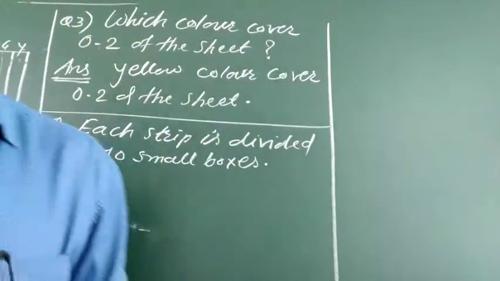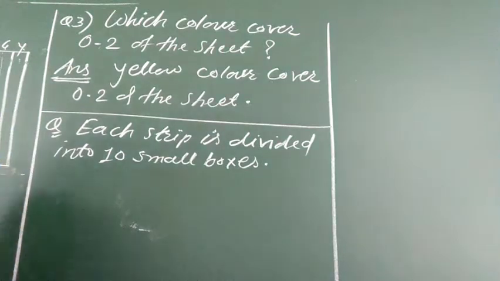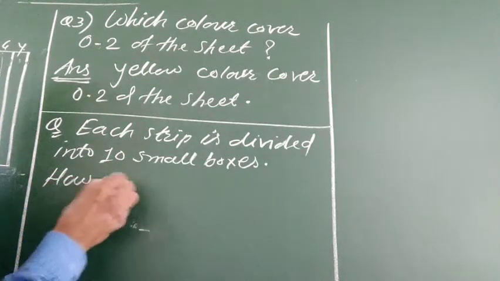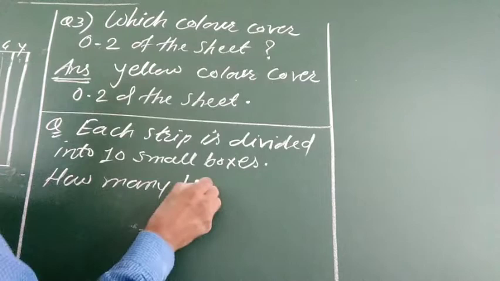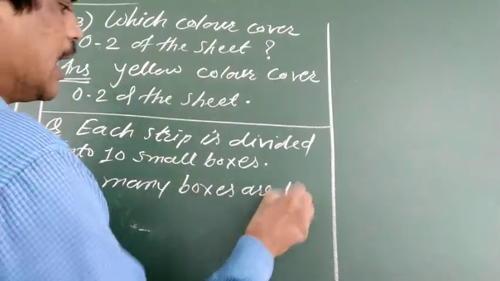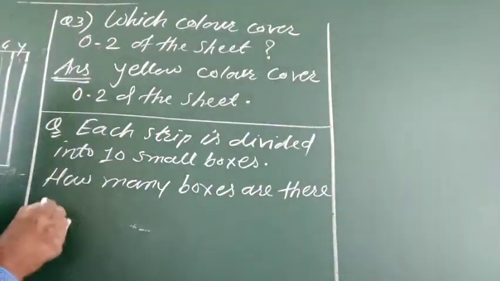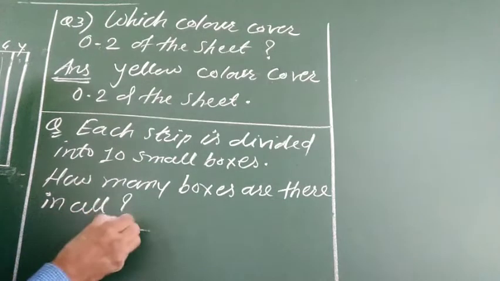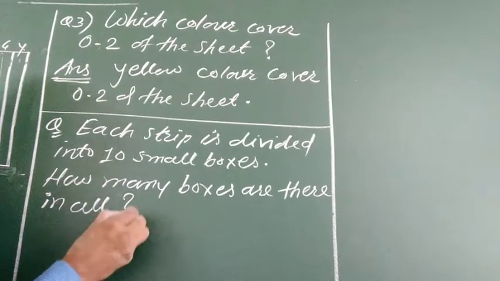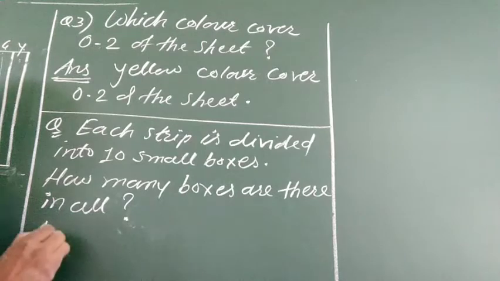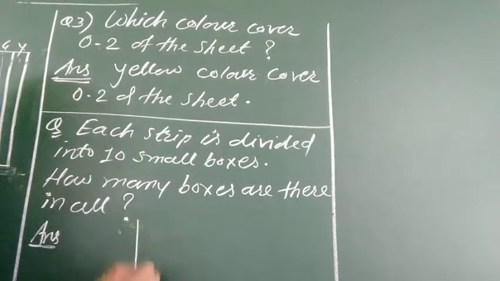Okay, 10 small boxes. The question देखिए, how many boxes are there in all? Okay, चलिए आंसर लिखेंगे हम. See, it is like this.